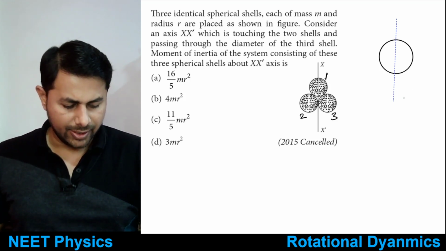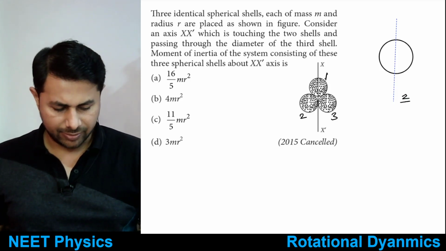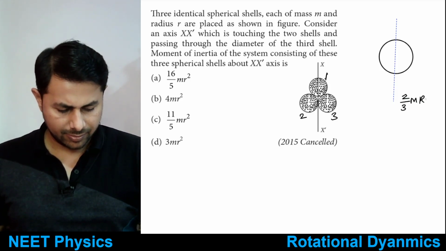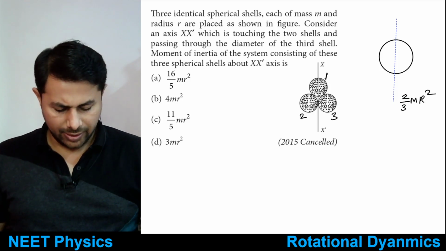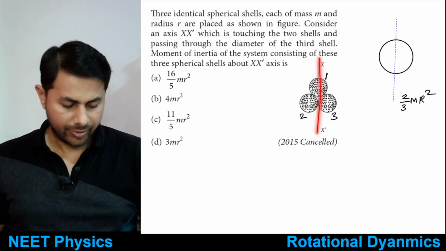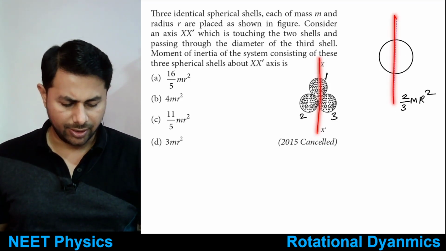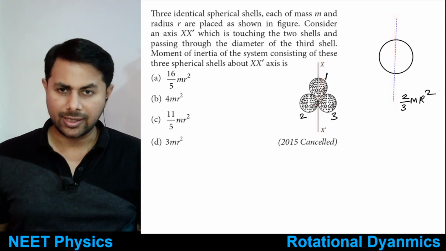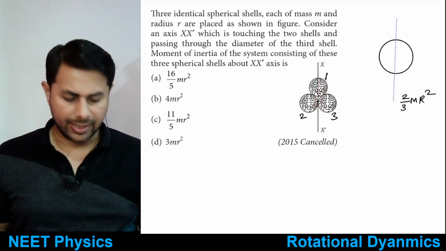Option B, let's check, 2/3 mr square. Okay, then now you have this one shell for which the axis is passing through the center. For the other two, it is a tangential axis, right? For the other two, it's a tangential axis.